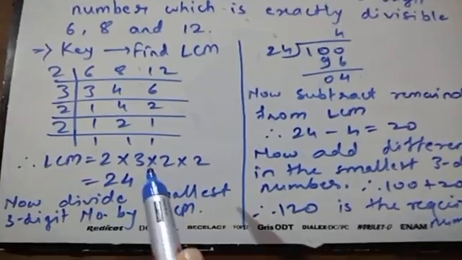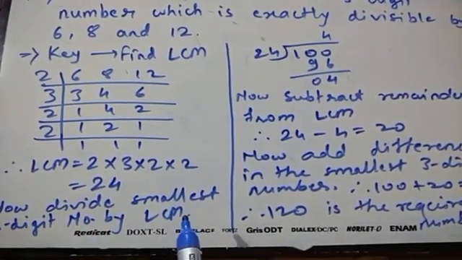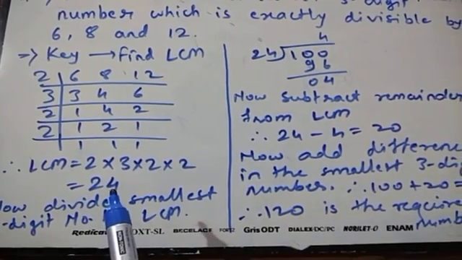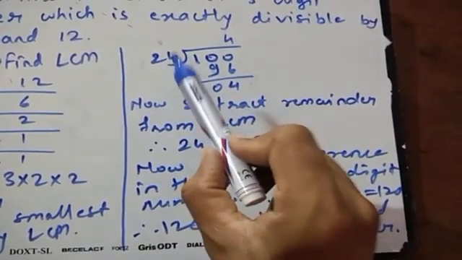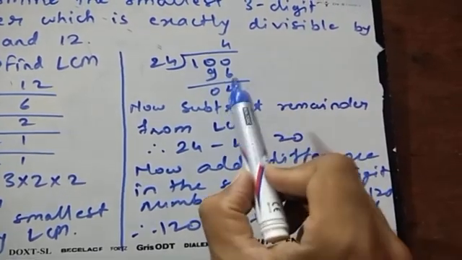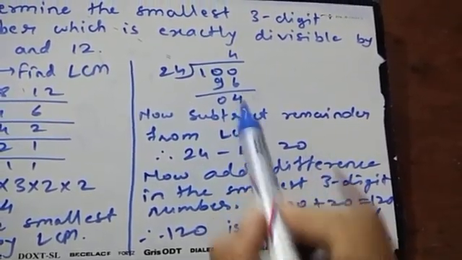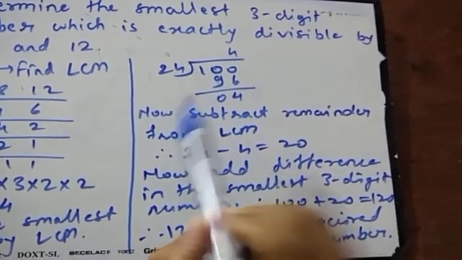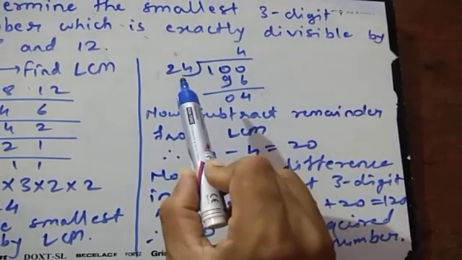The next step is that now we divide the smallest 3-digit number by the LCM. The smallest 3-digit number is 100. So 100 divided by 24, where 24 is the LCM. So what will we get? 24 4s are 96. We get a remainder of 4. Now students, remember, after getting that remainder, subtract that remainder from the LCM.